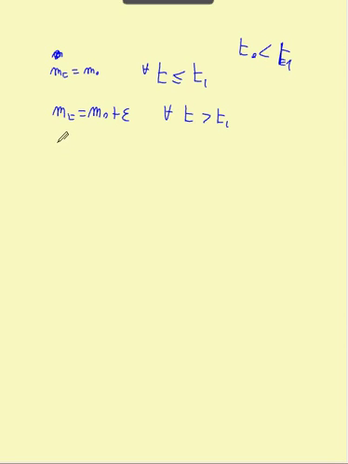So the hypothesis is that we are in T0 and the nominal money stock is equal to M0. But in T0, we know that in T1, the future time, the nominal money stock becomes equal to M0 plus epsilon.